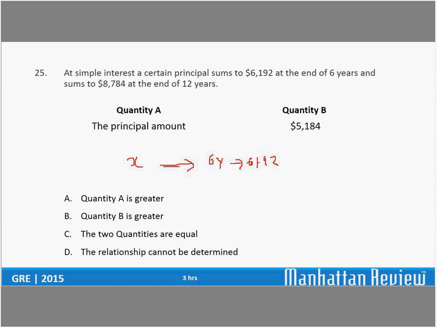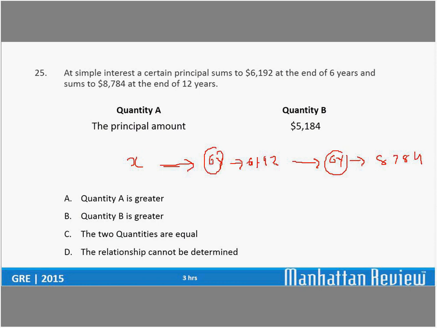And it sums up to 1184 again after 6 more years, that is after 12 years. This is 6 years, and this is 6 years.